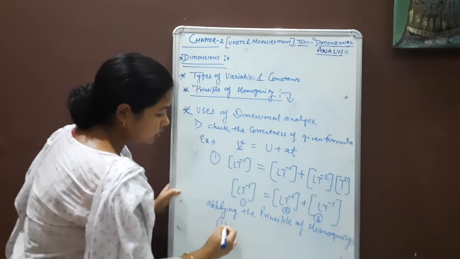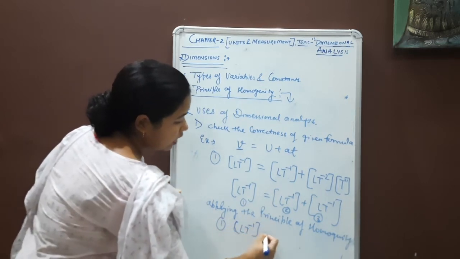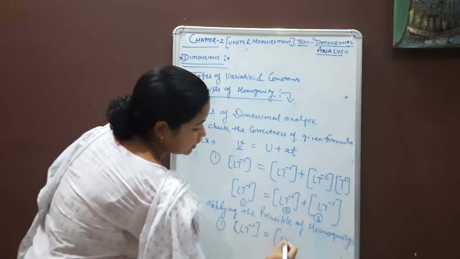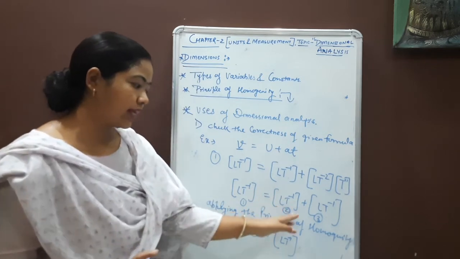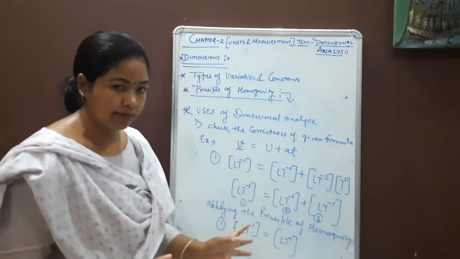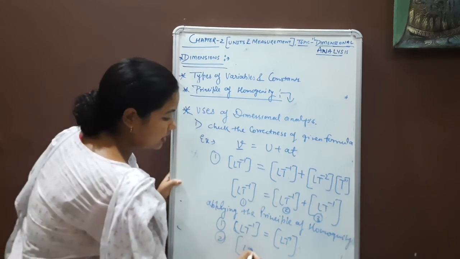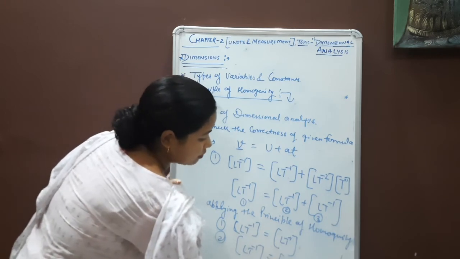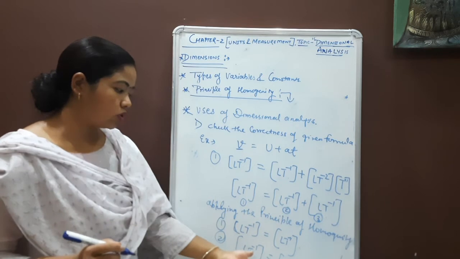So very first, left hand side, that is LT^-1, equals right hand side first term, that is LT^-1. So both dimensions are equal. So the first term is dimensionally correct. Now we will check the left hand side LT^-1 against the third term, that is LT^-1. Both dimensions are also equal.